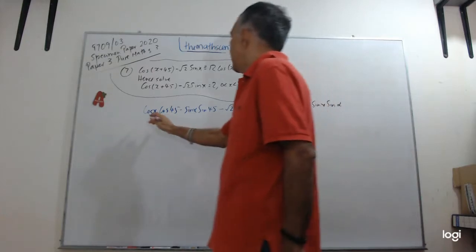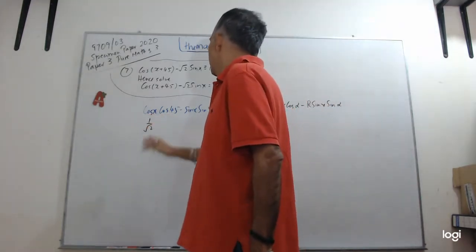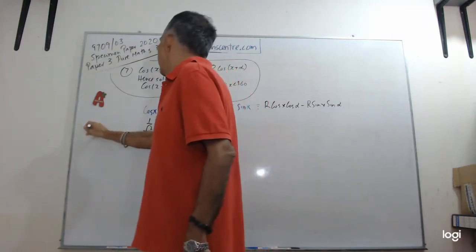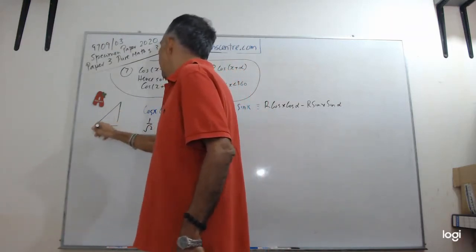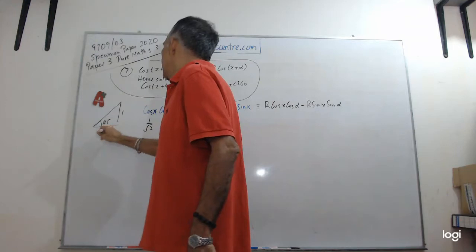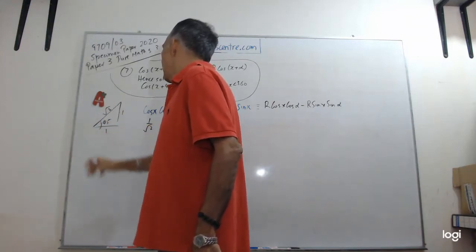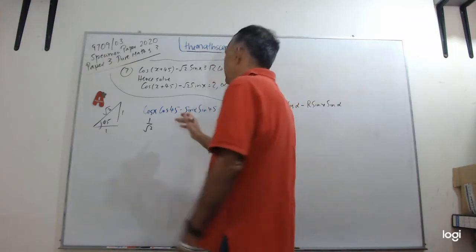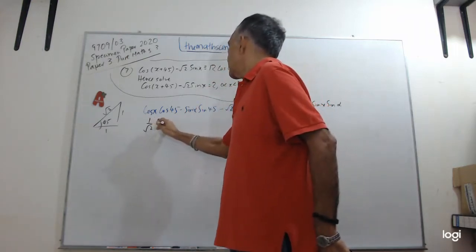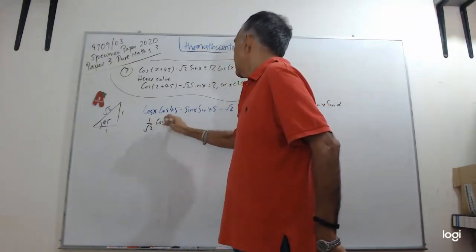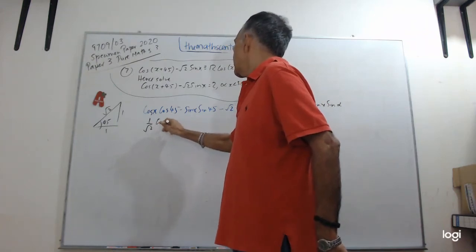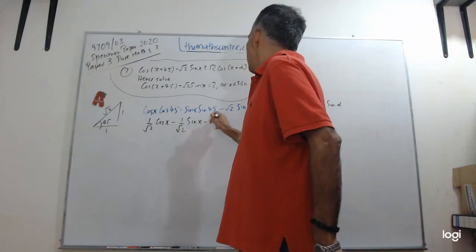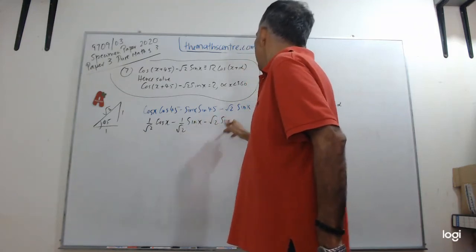I have 1 over root 2. Just to remind you, cos 45 is 1 over root 2. So I have cos x times 1 over root 2, minus 1 over root 2 sine x, minus root 2 sine x.